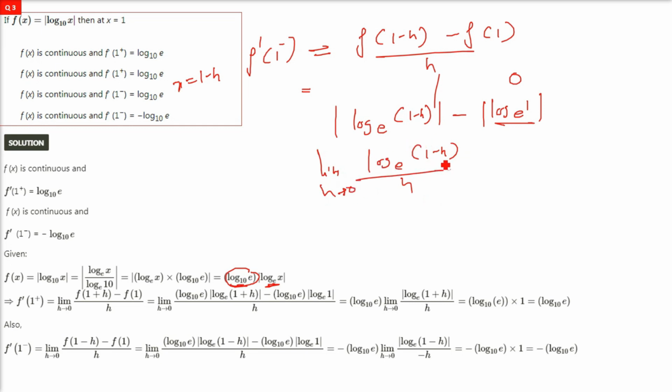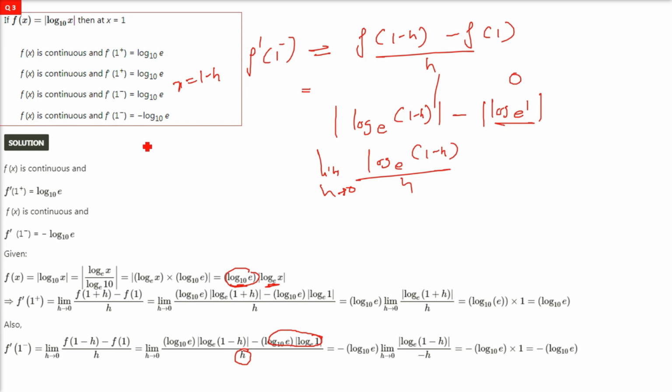But since we have log(1 minus h) by h, what do we do? We can write this 1 minus h as 1 plus minus h, and the denominator is h, so you need a negative h. So multiply numerator and denominator by minus 1.